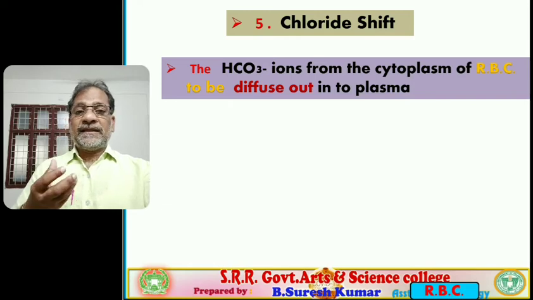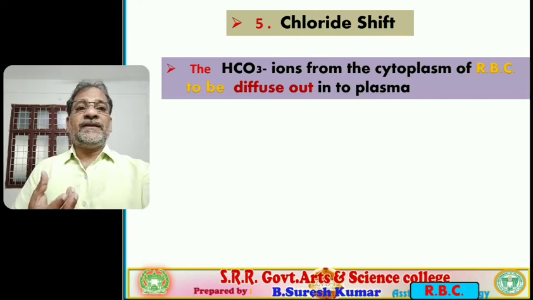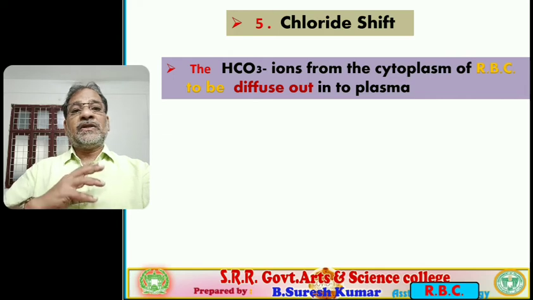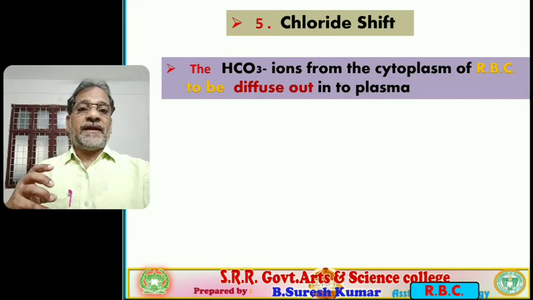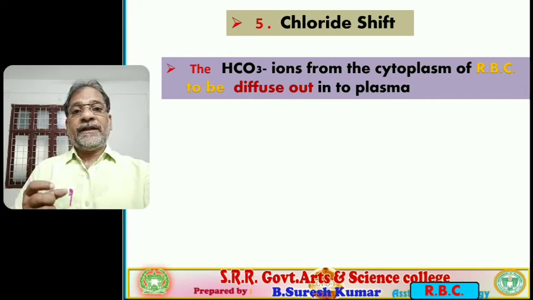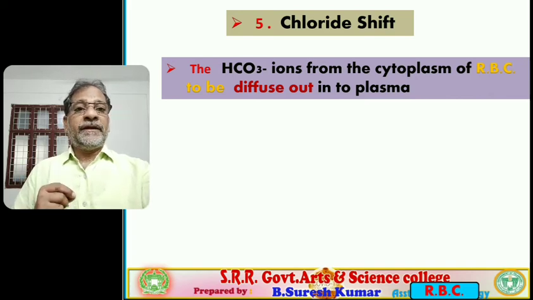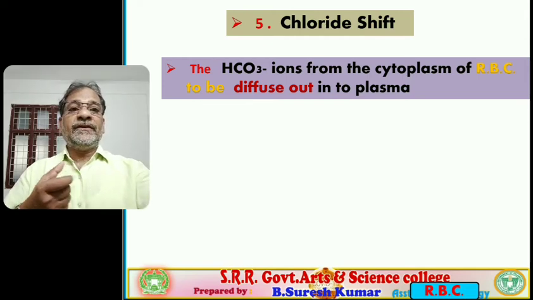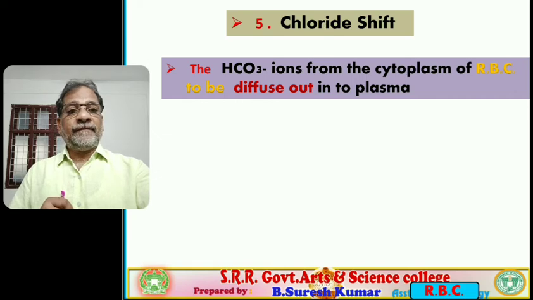Stroma means the central space of the erythrocyte, which contains cytoplasm. So from the stroma of RBC, the bicarbonate ions diffuse out into plasma. The membrane of the erythrocyte is a selectively permeable membrane, so these HCO3 minus ions automatically diffuse out into plasma.